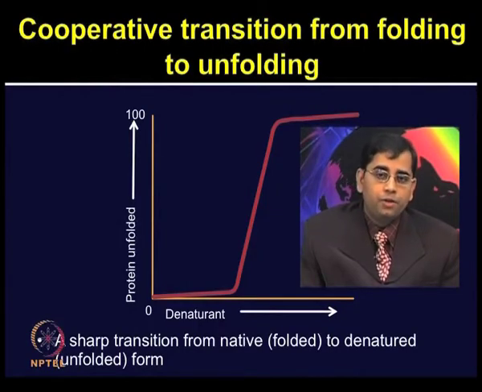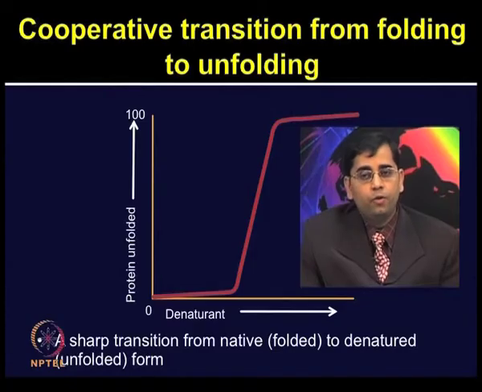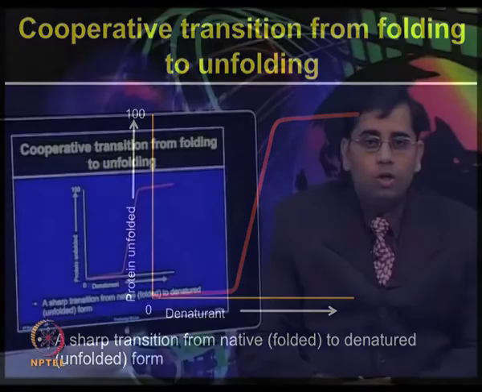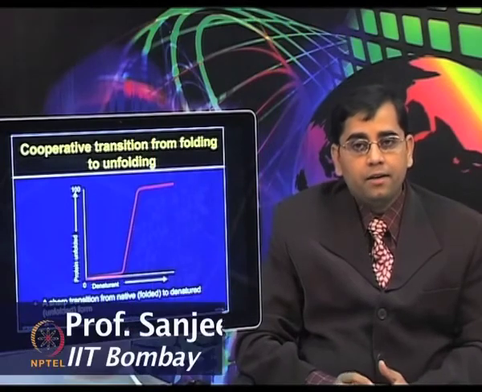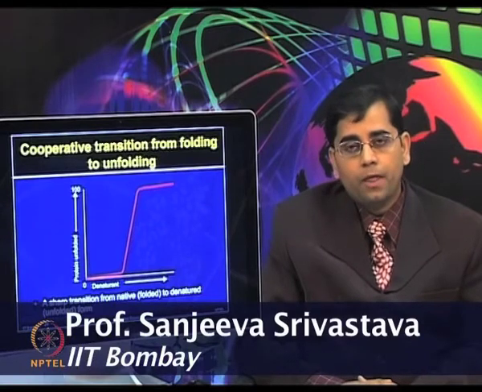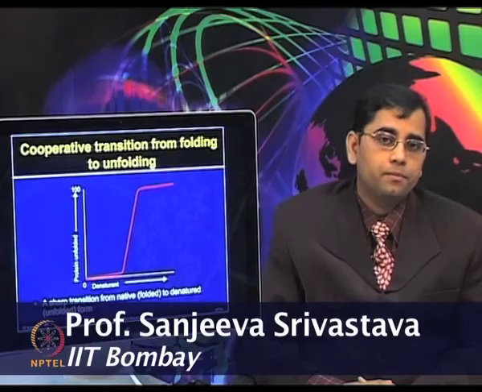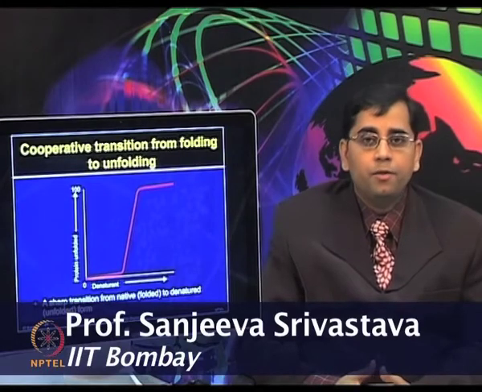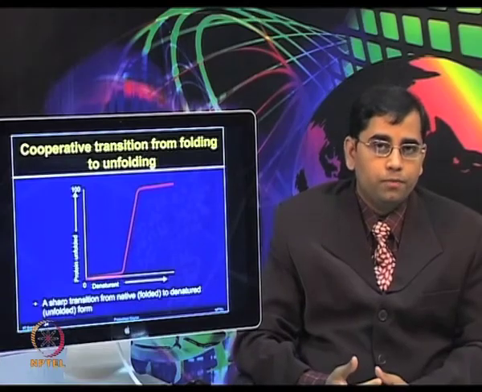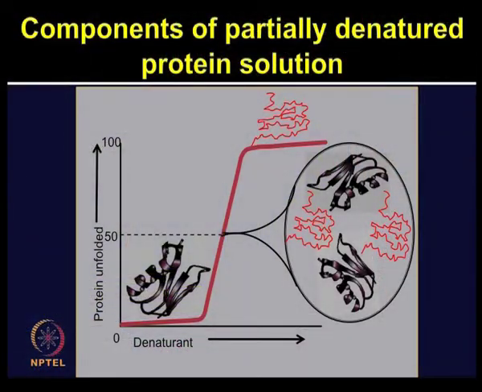A sharp transition from the native or the folded to the denatured or unfolded forms occurs. So, only two conformational states are present significantly, whether it is folded form or unfolded form. If denaturants are removed from the unfolded protein, it allows protein to make folded forms. So, what are the components of partially denatured protein?